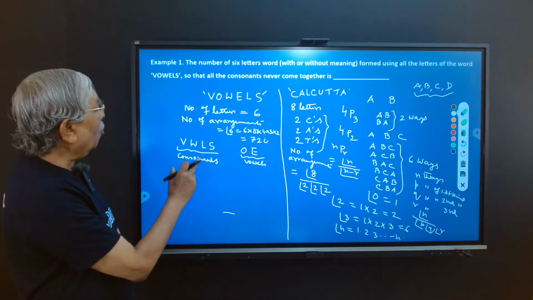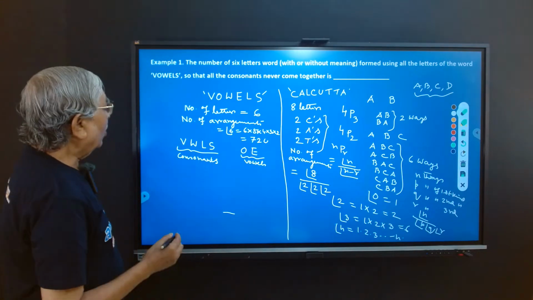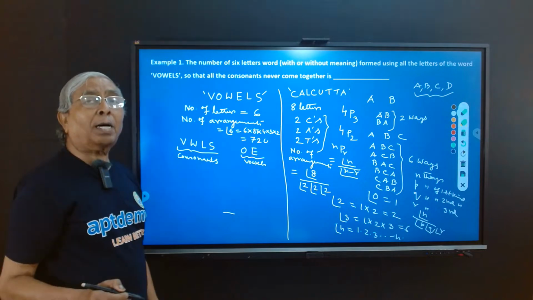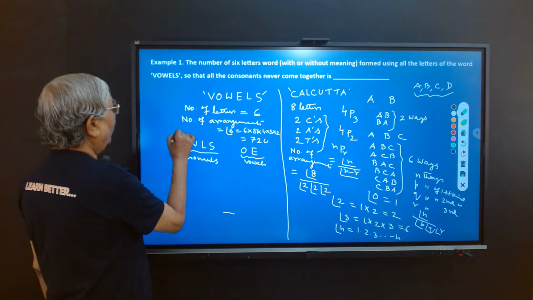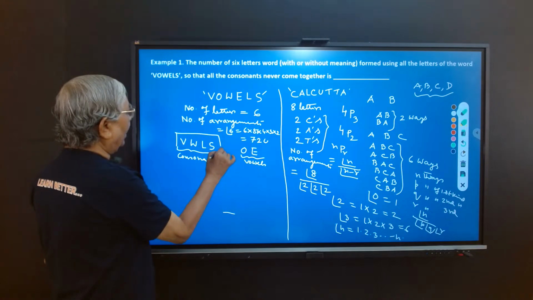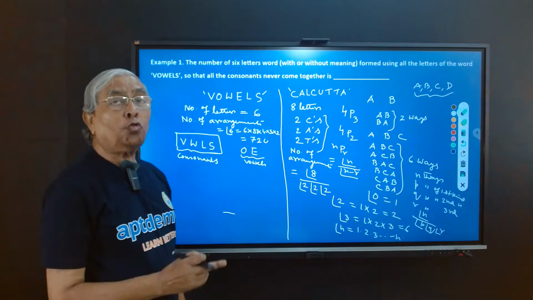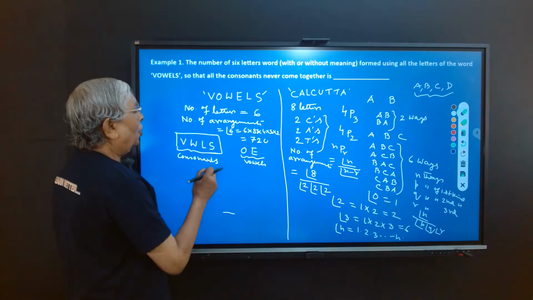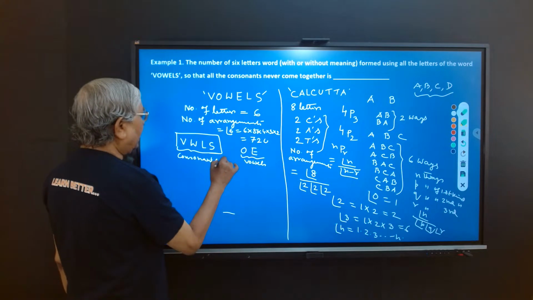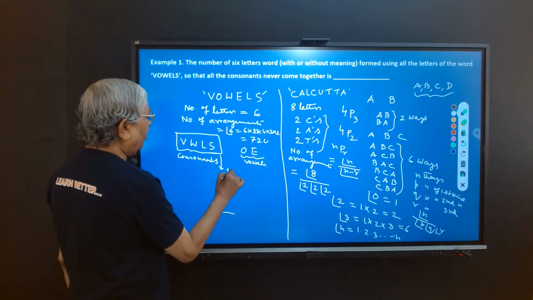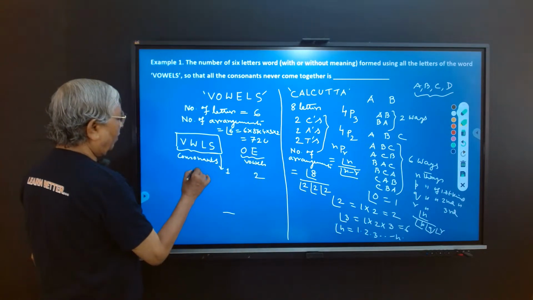If the four consonants come together, what do we mean? Four consonants come together means taking the four consonants as one. And two vowels are there, so the number of letters is 3.